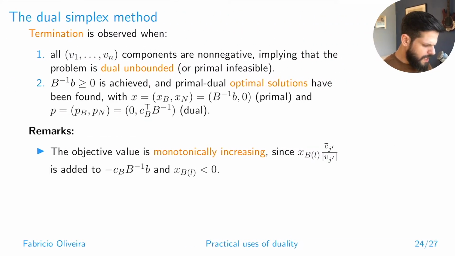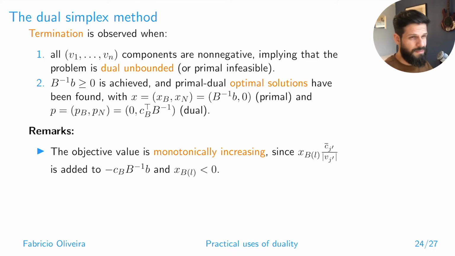Another thing to point out is that your objective value is going to be monotonically increasing, and the reason for that is because you're adding this thing, which is negative because this is less than 0, to this thing as represented in your tableau. But remember that in your tableau, your objective value is actually the minus of this. So say you are at the point where you have -3, then it's going to go to -10, which means that it's increasing from 3 to 10.